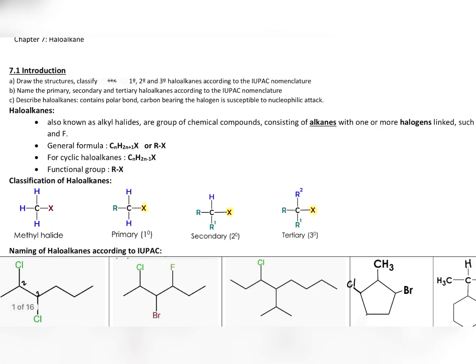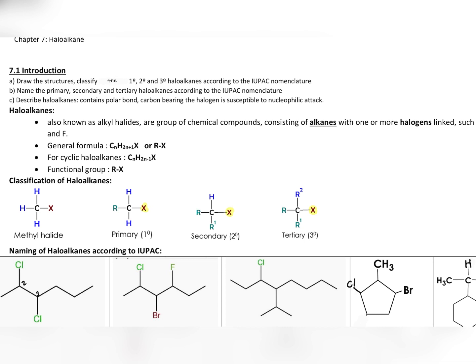It is also known as alkyl halide, and it is a group of chemical compounds that consists of alkane, your carbon chain, and it has halogen X. Okay, so X can be any halogen: fluorine, bromine, chlorine, or iodine.